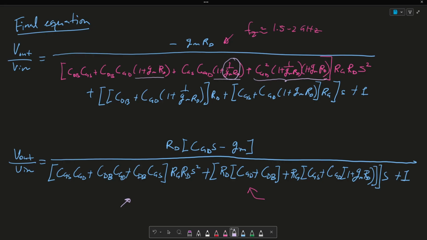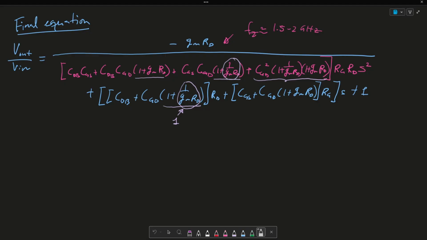And then lastly, we're missing this 1 plus 1 over GMRD. Again, this is a very small value, so this is going to be approximated to 1. So as you can see, Miller's effect can be a pretty good approximation, where it also helps us reduce the analysis that we have to do.